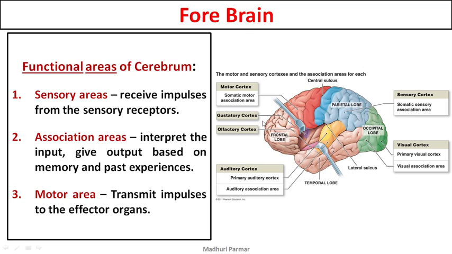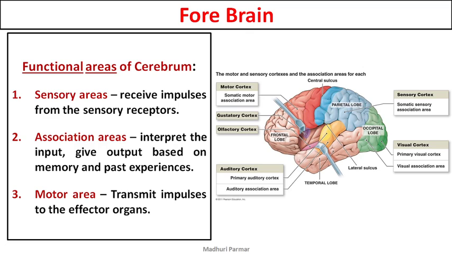Here all the decisions will be made, and all the intelligence comes from the frontal lobe. Clear? Some part of the frontal lobe, present a little bit before the central sulcus, is your motor cortex.